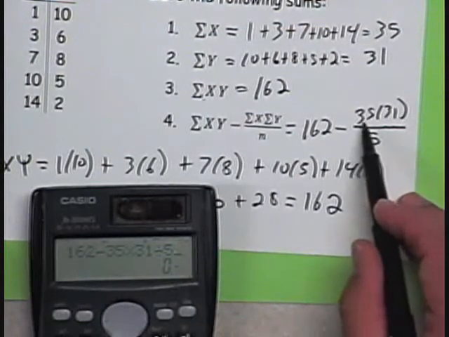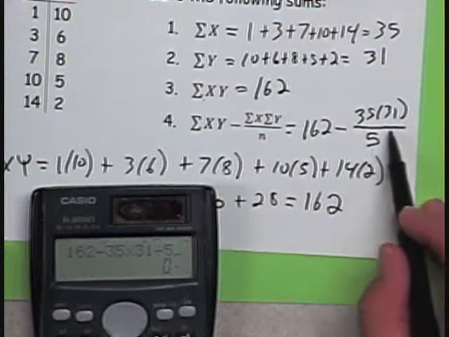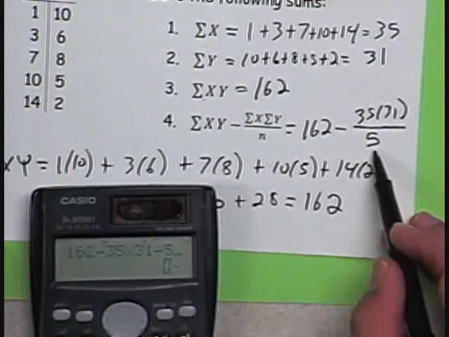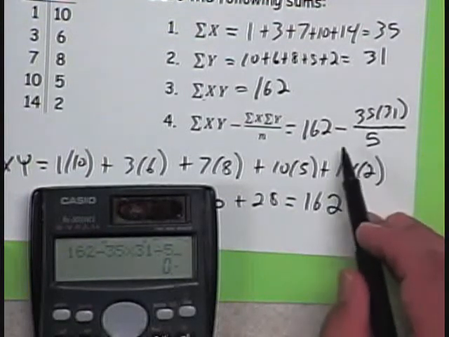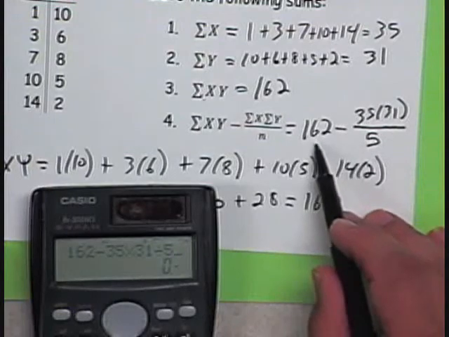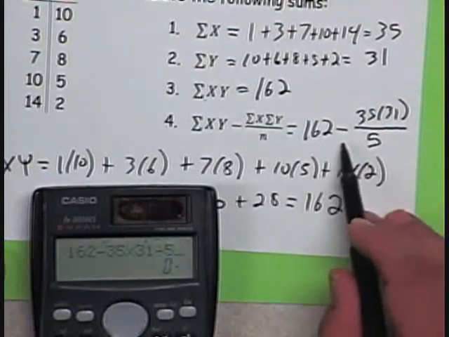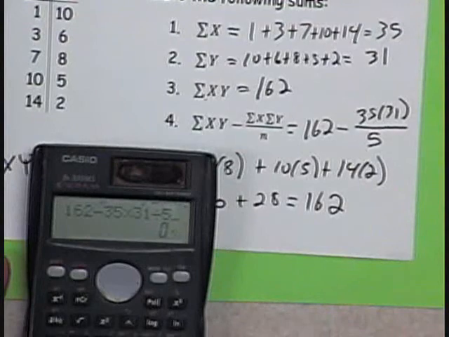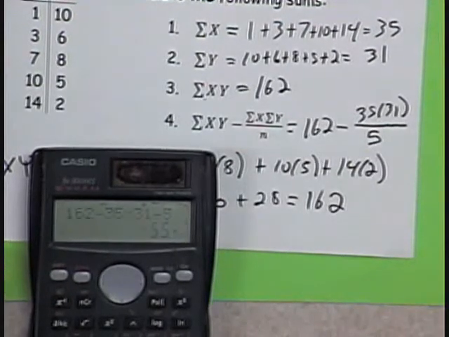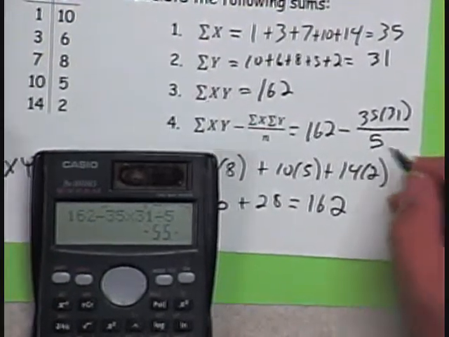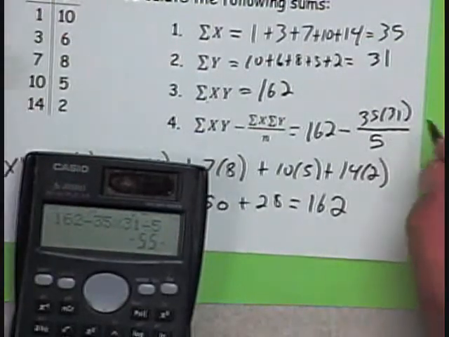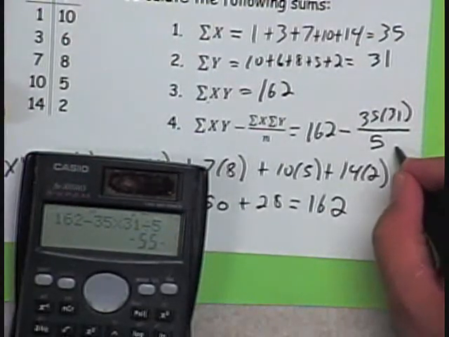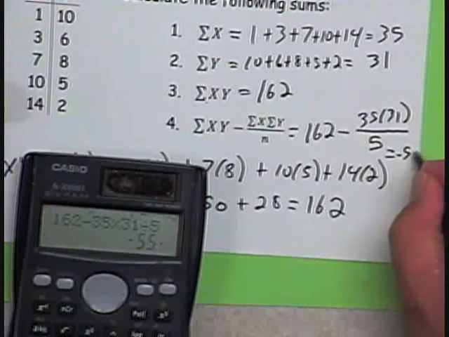And that's what I want it to do. I want it to multiply and then divide by 5, and I want it to get that number before it subtracts from 162. And that's what the calculator is going to do. So if I put it in like that, in this case I don't need any parentheses. And I get the answer, and it is negative 55.